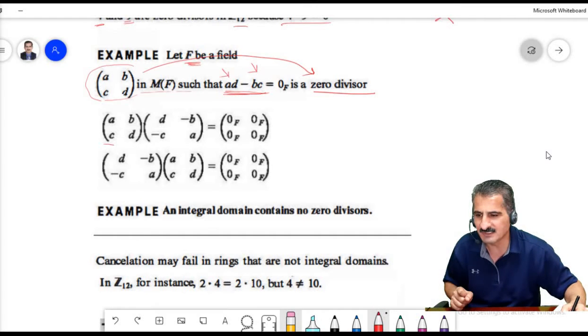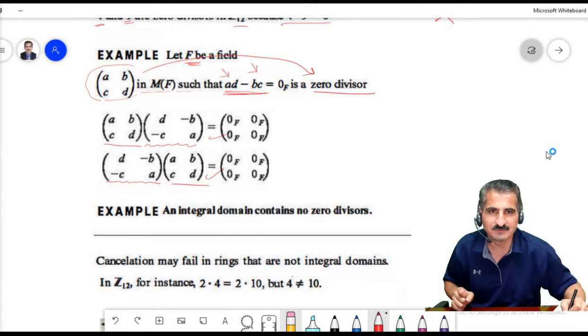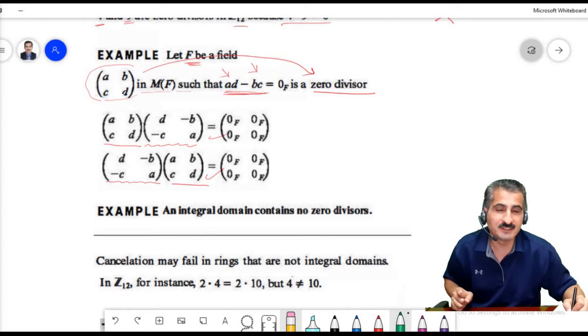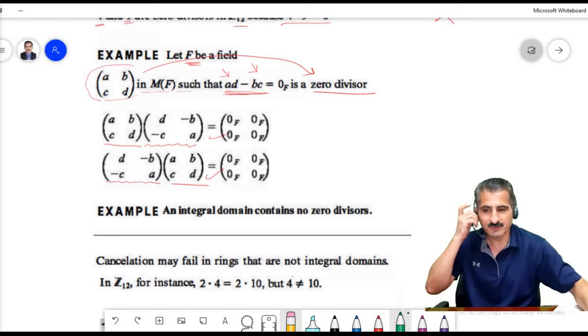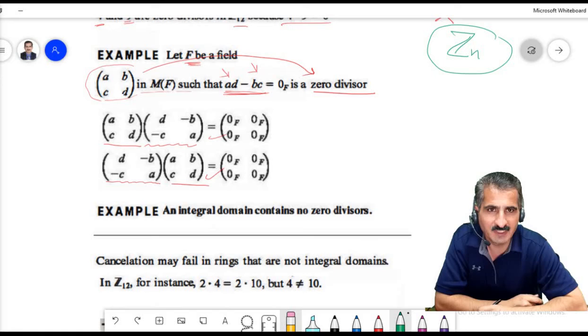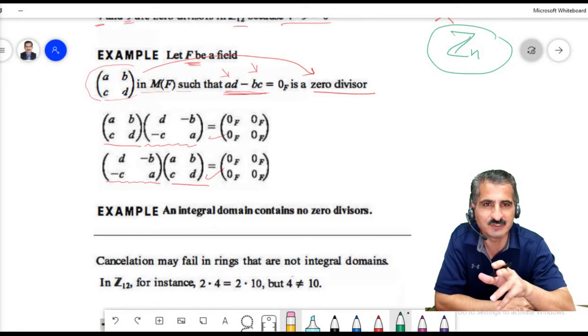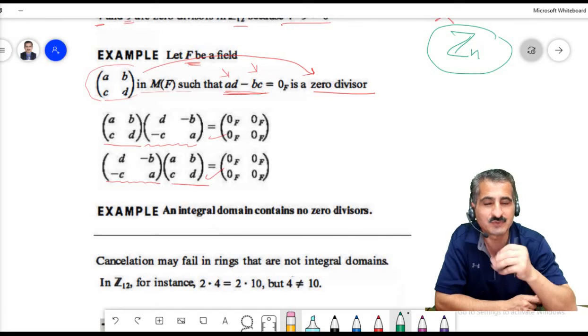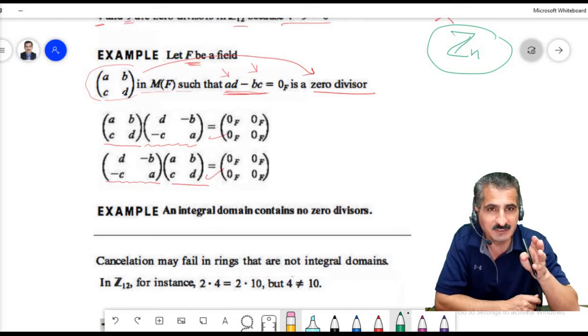This is the matrix we're talking about. Multiply it by this, you get 0. And from the other side, this is the matrix we have in hand. Multiply it by this, you get 0. If you pay attention to what we are saying here, this is nothing new to you. Remember when we worked with Zn, we have a theorem which says if you take any non-zero element from Zn, then that element is either a unit or a zero divisor. It must be one of these.